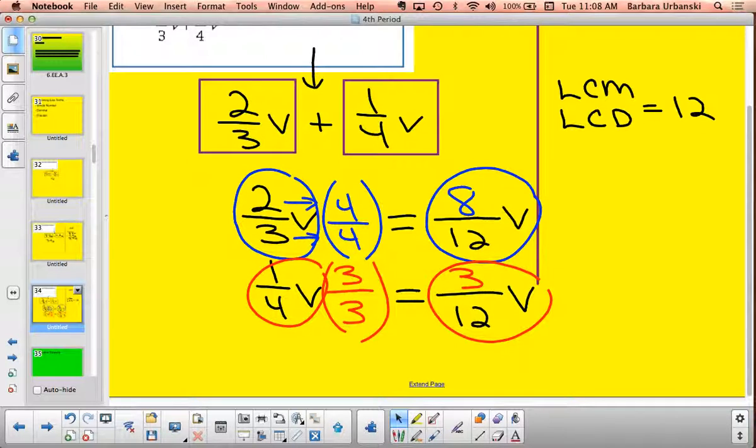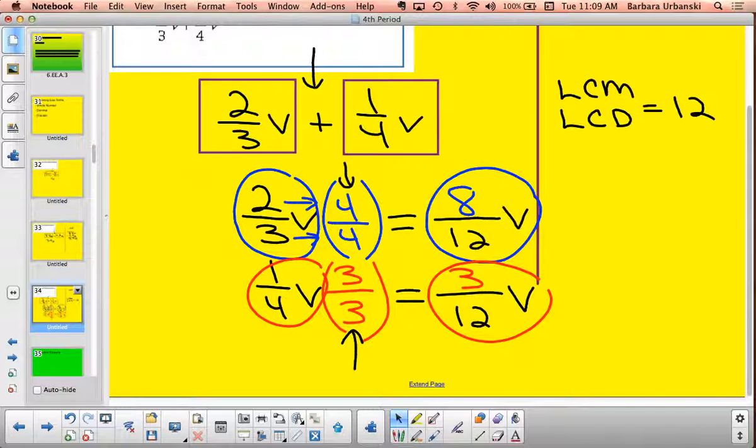Notice that we have 4 over 4, which equals 1, and 3 over 3, which equals 1. Anytime we multiply any number by 1, we keep its value. That's the identity property. So by multiplying 2/3 v by 1, we are still getting 2/3 v. The numbers look different, but the value is the same.